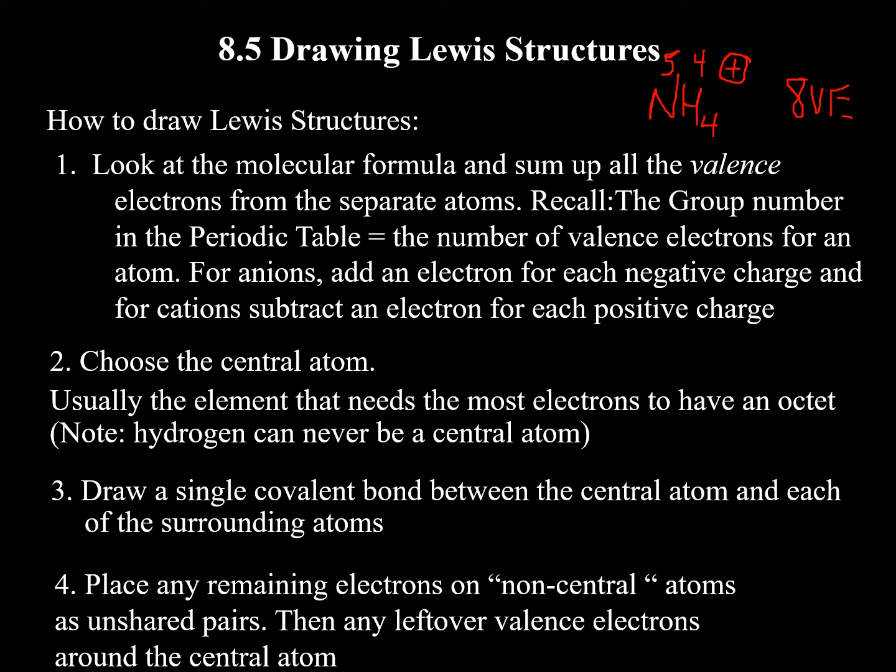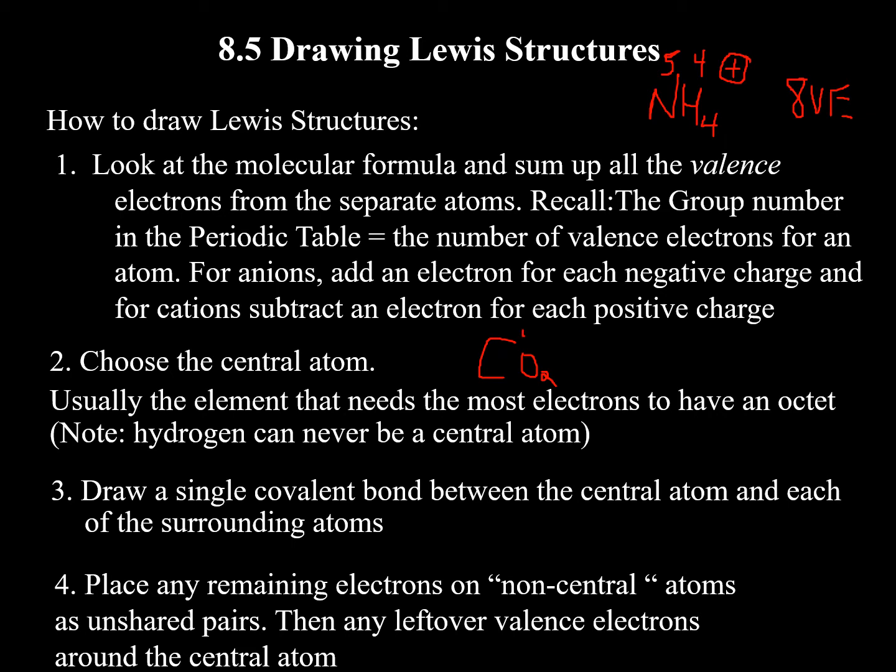So we have the periodic table in front of us to figure out the total valence electrons. Step 2, we choose the central atom. For now, we'll use the idea that the element that needs the most valence electrons will go in the middle. So for instance, CO2, carbon has 4 valence electrons.